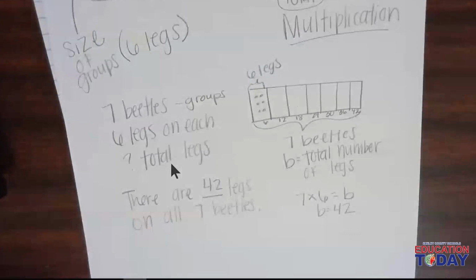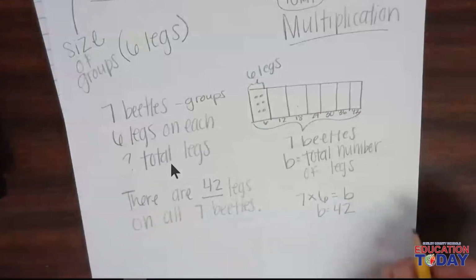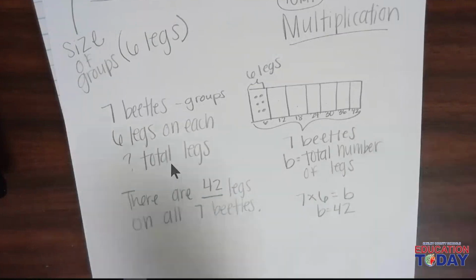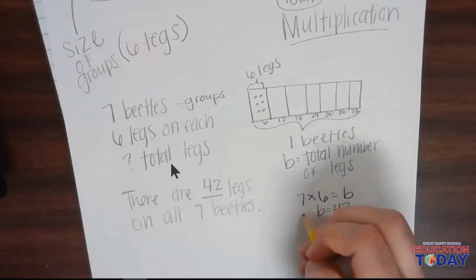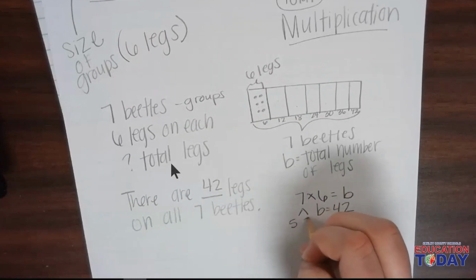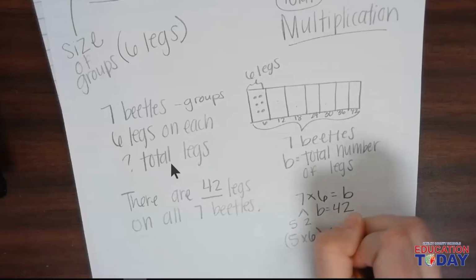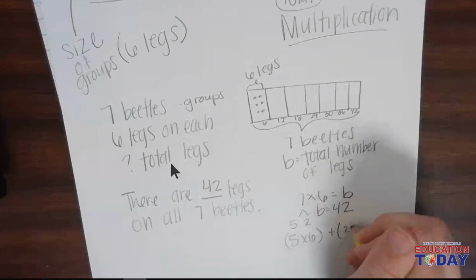But just to be sure, I'm also going to use another strategy to check and make sure it actually is 42. So we've been talking about the distributive property, because I know if I don't know 7 times 6, I can break this up. I can say 5 times 6 plus 2 times 6.